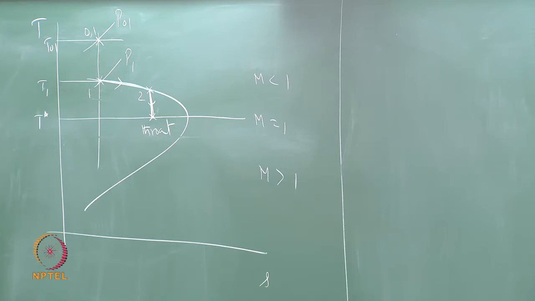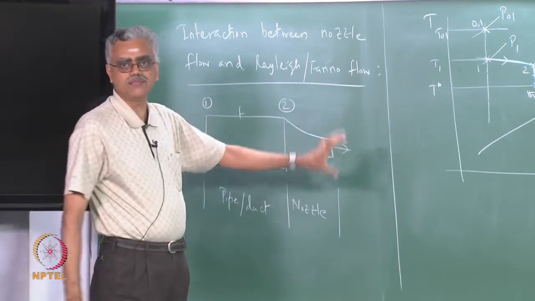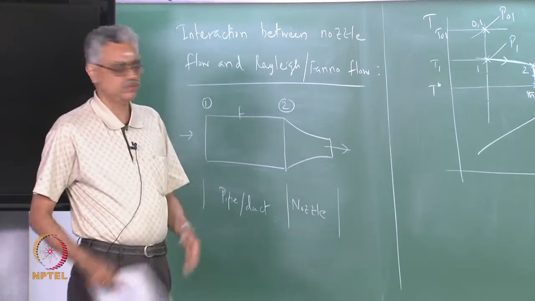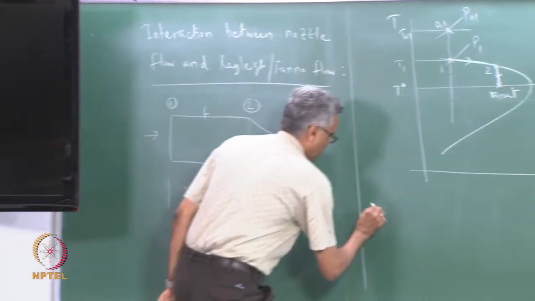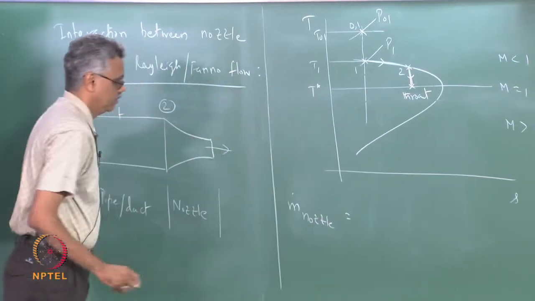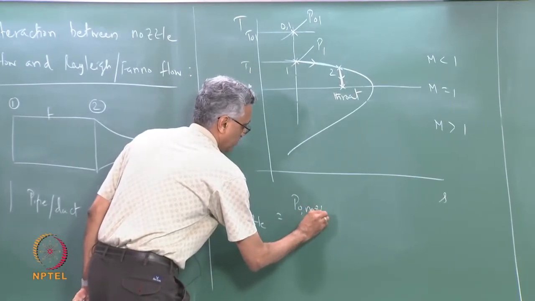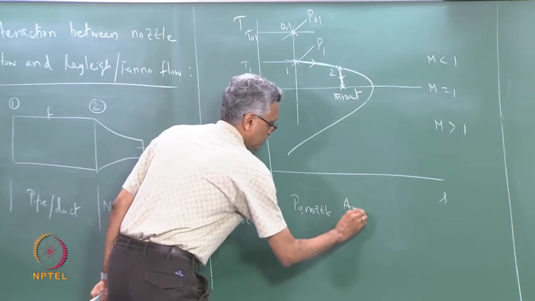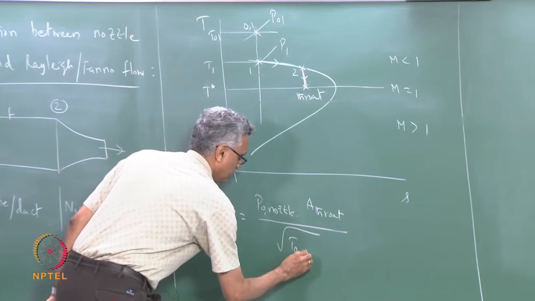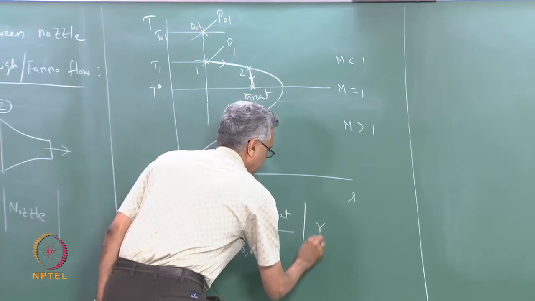Now, the most important consequence of adding a pipe or a duct before the nozzle or even after the nozzle has to do with the reduction in mass flow rate through the nozzle. Okay. So, if I write the expression for the mass flow rate through the nozzle, you remember this is nothing but P0 nozzle A throat divided by square root of T0 nozzle followed by this term.